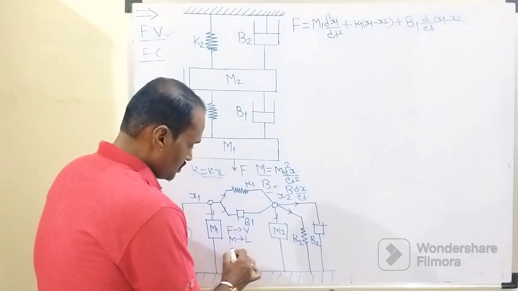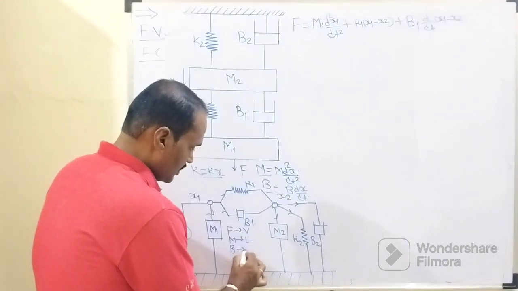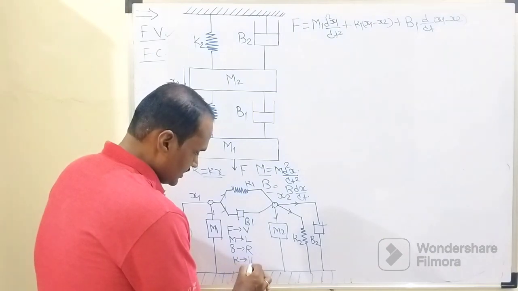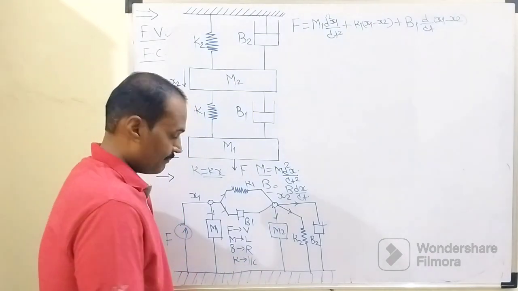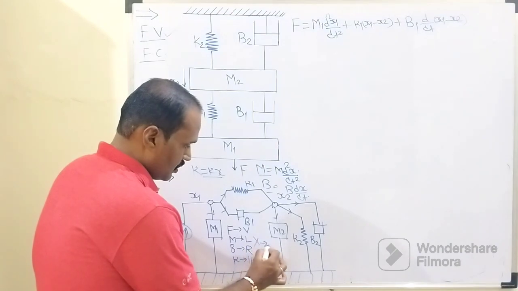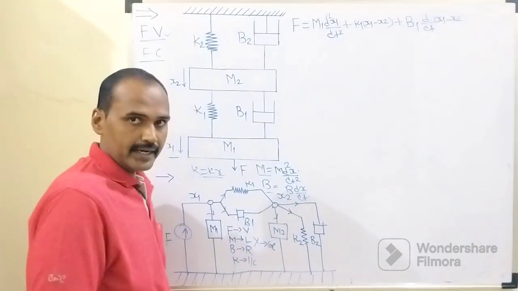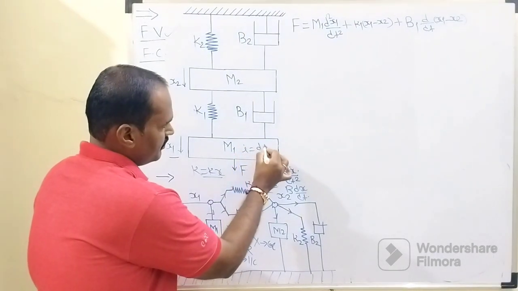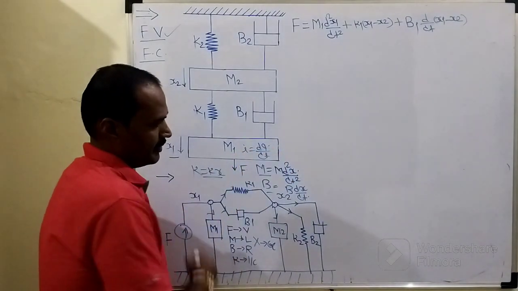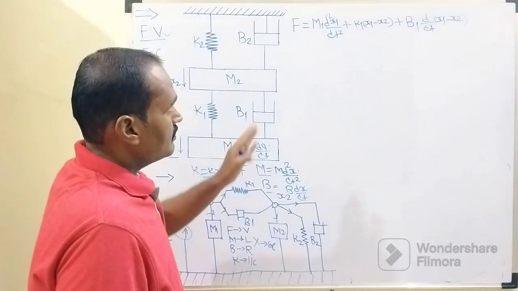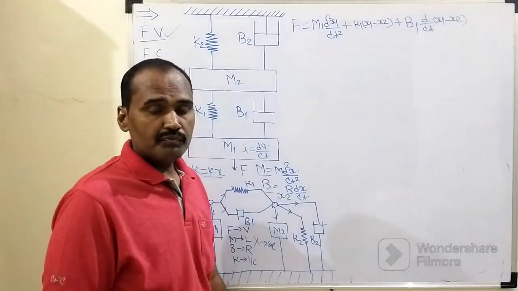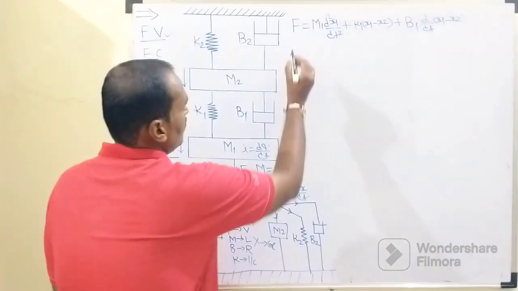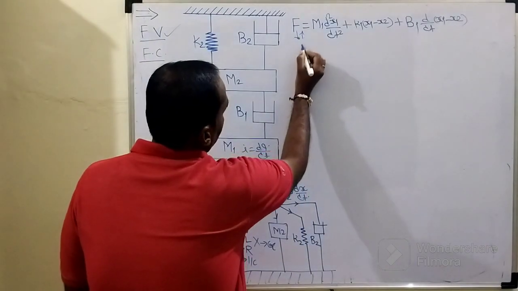Mass is analogous to L, damper is analogous to R, spring is analogous to elasticity, the reciprocal of C, and X is analogous to Q, right? Because according to Faraday's law, I equals the rate of change of charge per unit time, dq by dt, right? So when we recall these analogous terms and simultaneously apply the Laplace transform to this statement, it will become what?